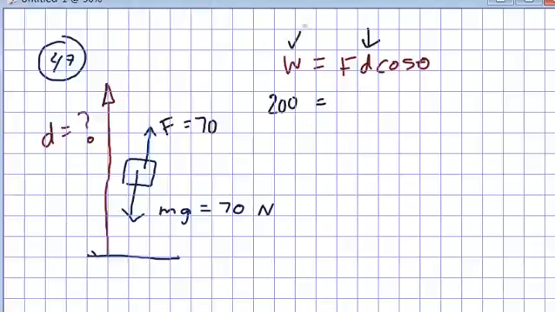And so we know the work done, we know the force involved, if we assume that 70 newtons is the correct value. And the cosine of the angle in between this force and this distance, you can see those are aligned, so you should know the cosine of the angle. So in our work equals F D cos theta equation, the only thing we don't know is the distance. Moving right along.